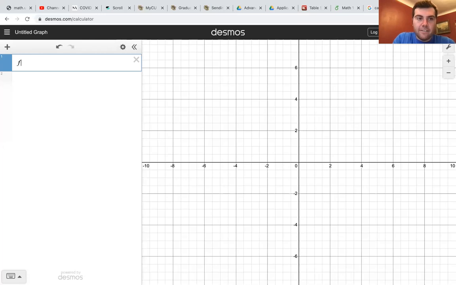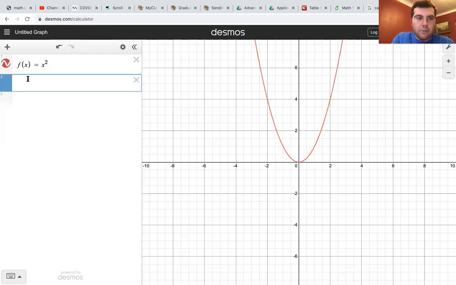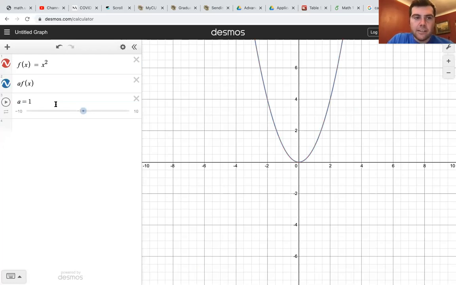So if we have f of x equals x squared, we'll just leave that there and we'll create a new function where we can just type in a f of x and click this add slider for a. And we can see when a is 1, 1 times f of x is just f of x, so that stays the same.